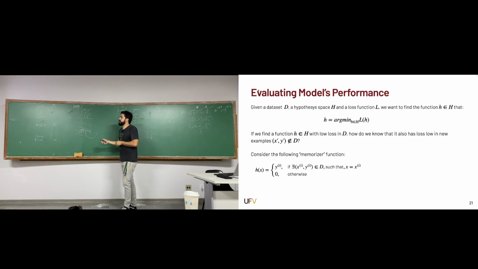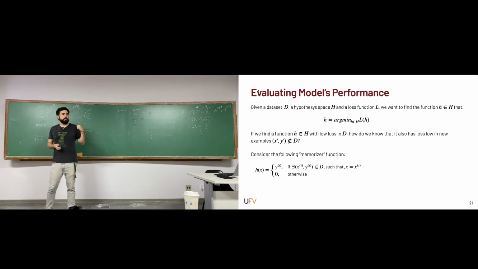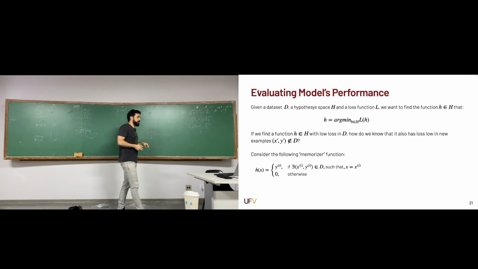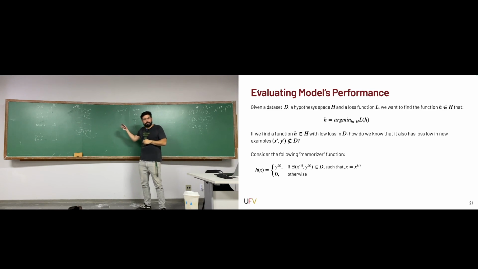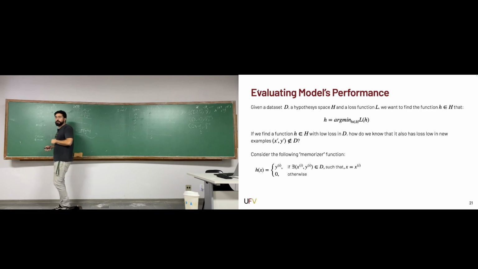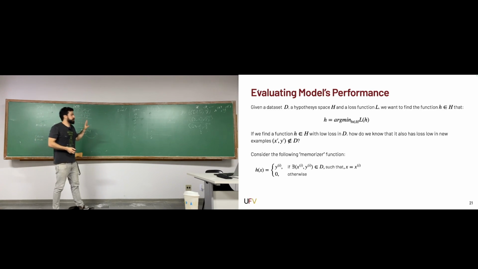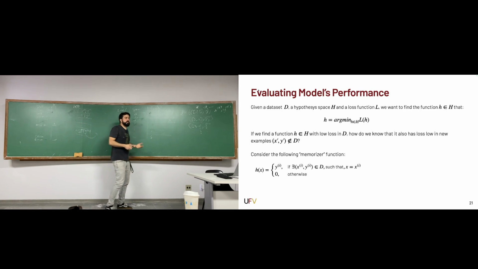So this function has 0 loss in D. Because if I pick any example that is in the data set, I'm going to predict it right. But any other example that is not here, most likely I'm going to miss. So perhaps this is the worst function we can write. But it's a valid function.